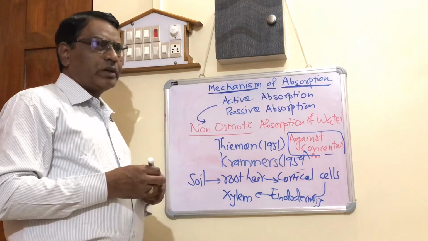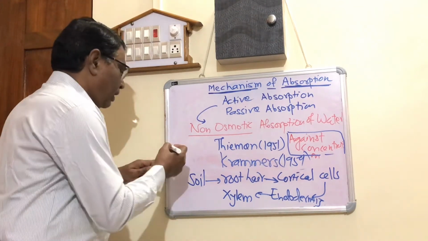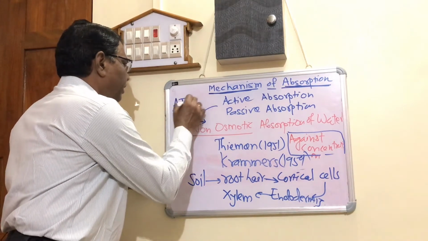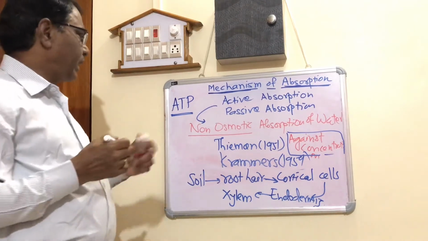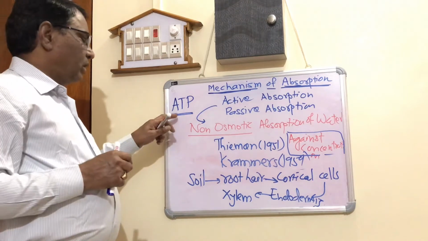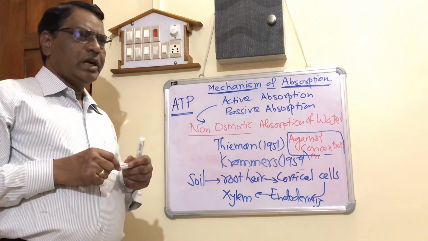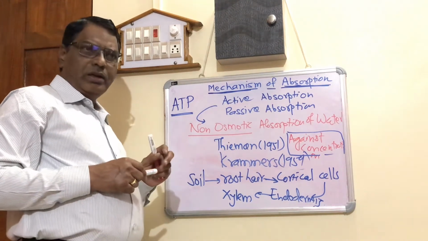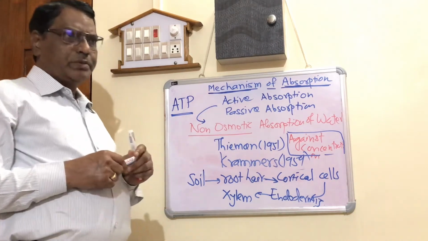and here such accelerated movement of water requires a large amount of energy, and that energy required for this movement of water against the concentration gradient is usually liberated from ATP, that is adenosine triphosphate, which is available in root cells through the process of respiration.